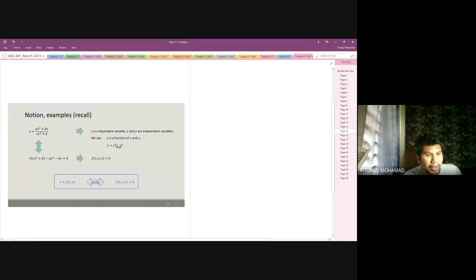Okay, so we can define in terms of function, dependent variable of independent variable x, y and z adalah dependent variable. Okay, so yang ni kalau kita nak macam mana kita nak recall ataupun kita nak buat notation based on function, z is function of x and y ataupun sama je dengan function of x, y and z equal to 0.